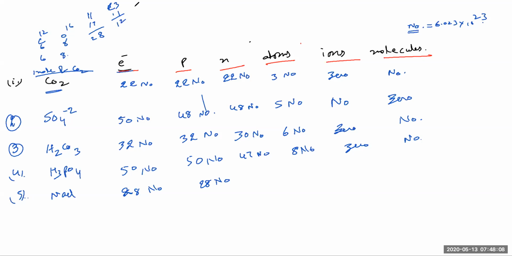Next, chlorine 35.5, right? Okay, 35.5 mass and 17.